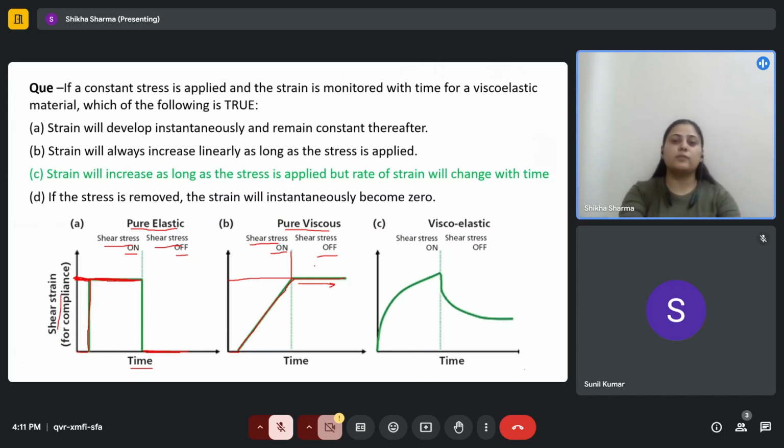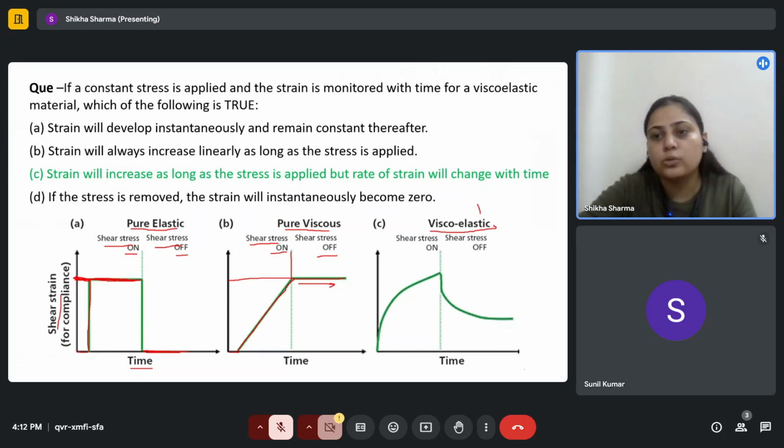The strain will not go to zero; it will remain in the purely viscous material. But in the case of a viscoelastic material, which has both viscous and elastic properties, our polymer also comes in the category of viscoelastic, right?